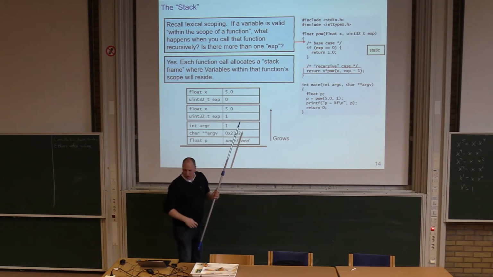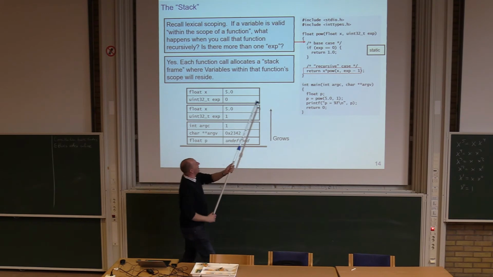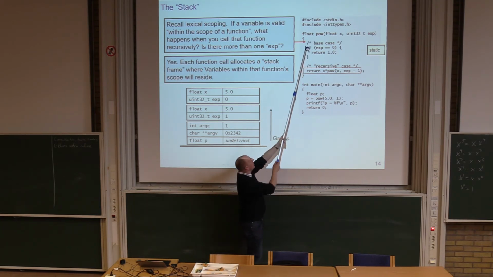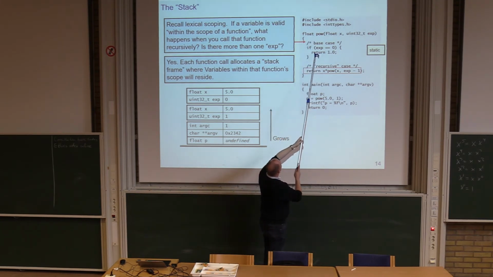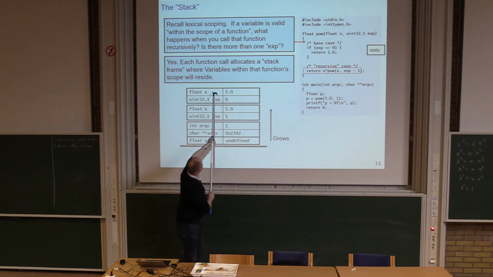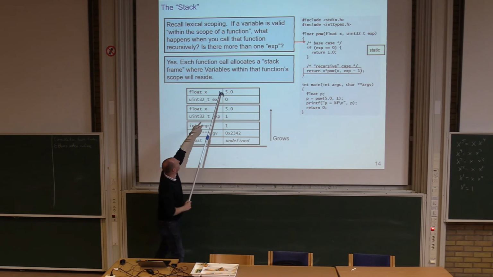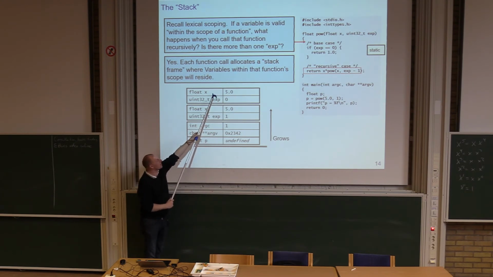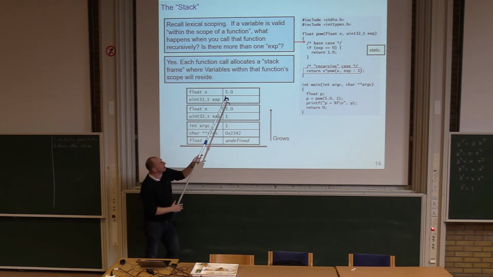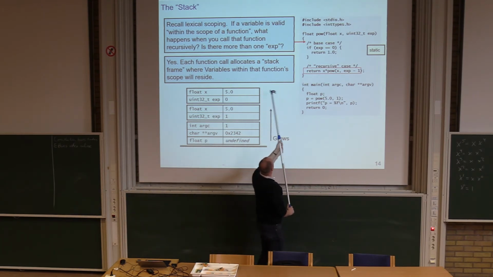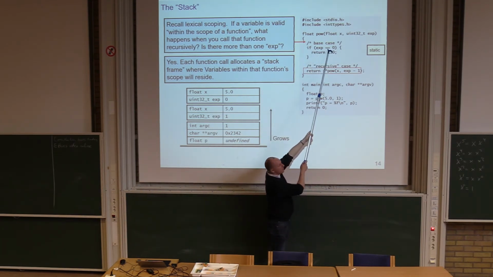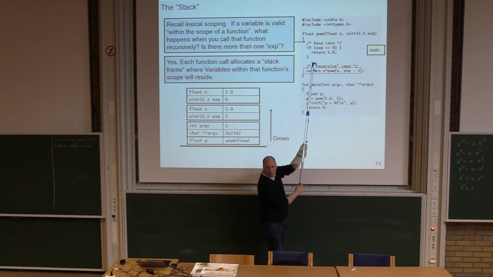Right? So we will then execute the function again, and when we now evaluate x and exp, we will use the values that are on top of the stack, and it will be 5 and 0. Right? So at this point, this will be true, and then we will return 1.